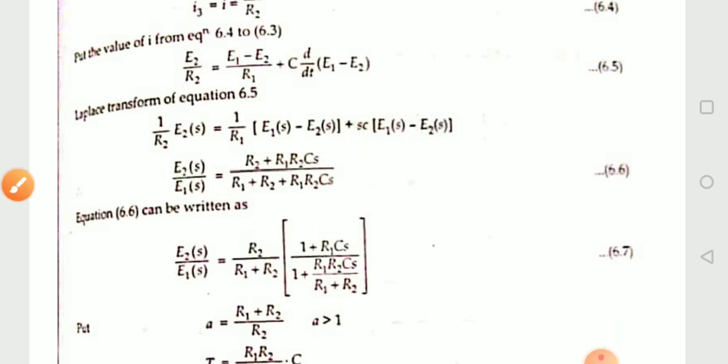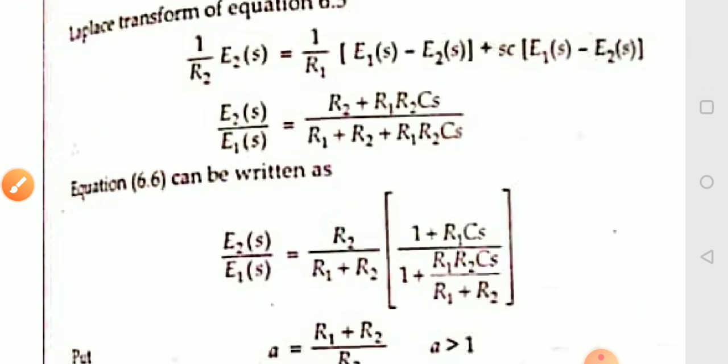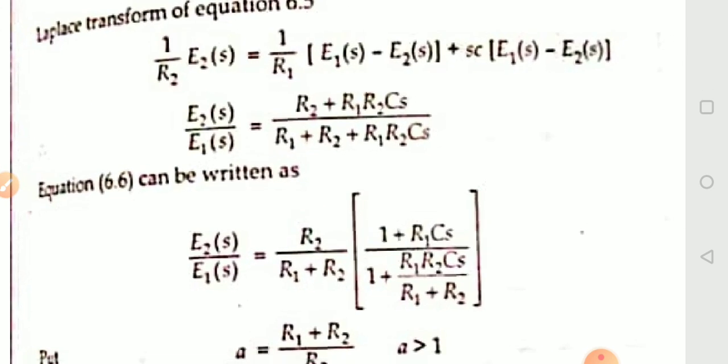When we find the value of E2(s) over E1(s), it is R2 plus R1 R2 C s over R1 plus R2 plus R1 R2 C s. Now we take common R2 over R1 plus R2.